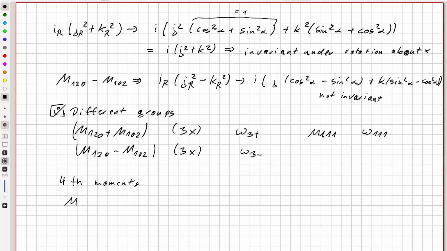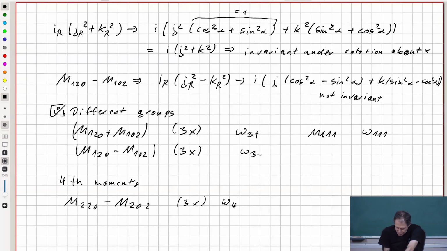So we have M220 minus M202, of which we have 3 permutations, which we call omega 4 minus. We have M220 plus M202 plus M022.